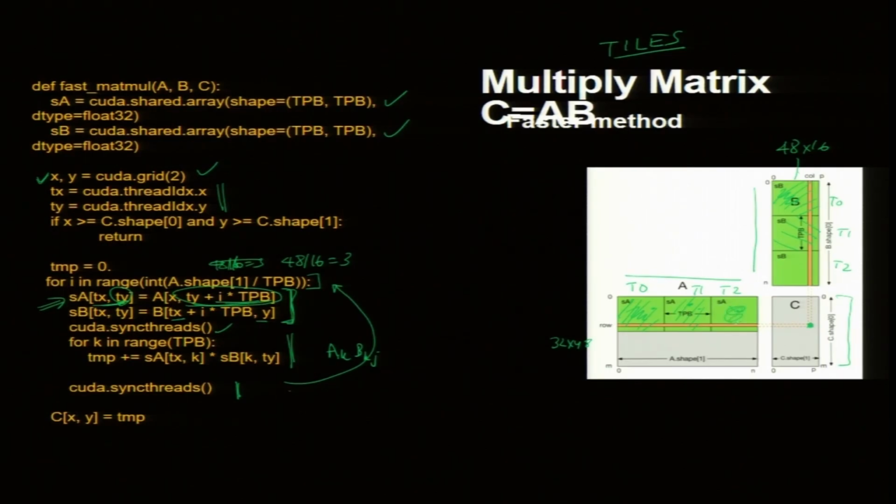Once I am done with the 3 tiles, my temp has the correct Cij for a given ij. So, I put it here, Cxy is temp, and then in the host code this is copied to the main memory.